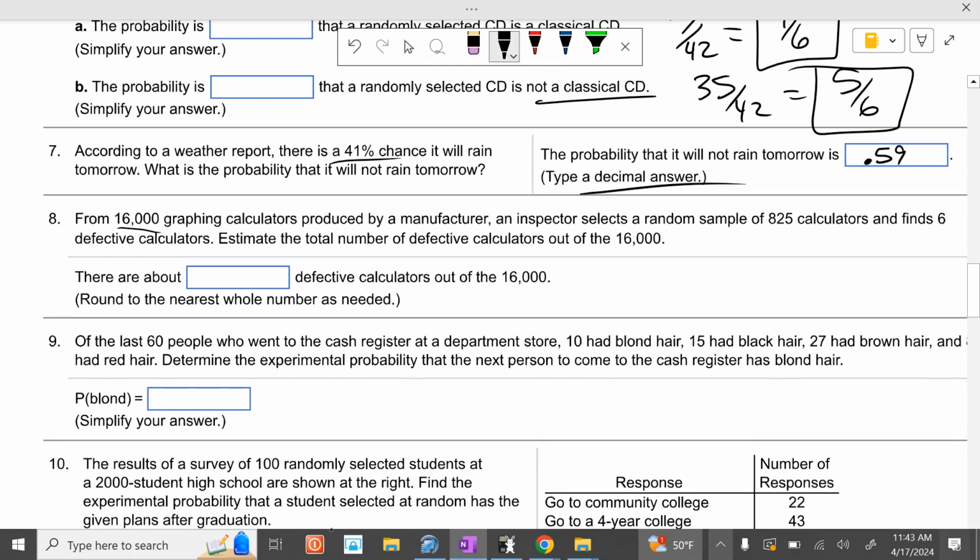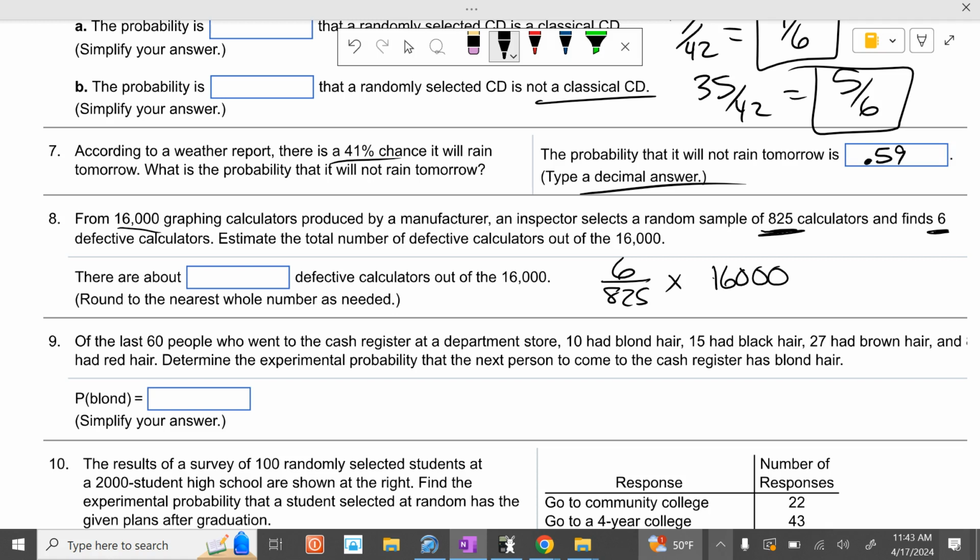From 16,000 graphing calculators, they take a sample of 825 of them and find 6 are defective. So 6 of the 825 are defective. So if we multiply that times 16,000, we can find the number of calculators that are defective.